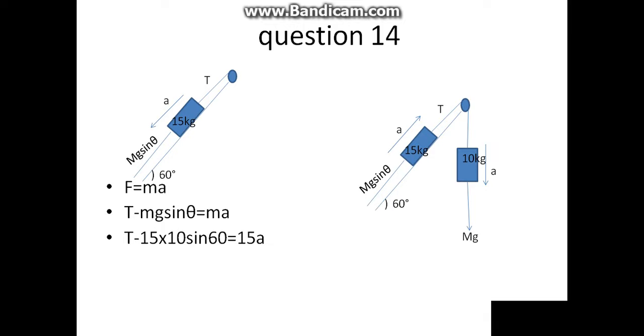So 130 minus T is equal to 15a. Putting the unknown values on one side and the known value on the other side, we have that T plus 15a is equal to 130. This will now be our equation 1.